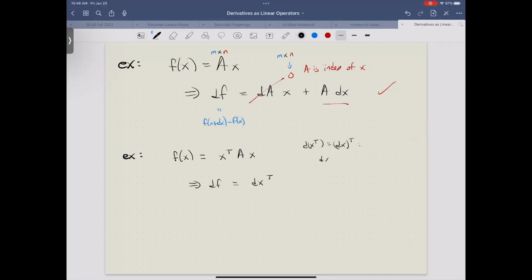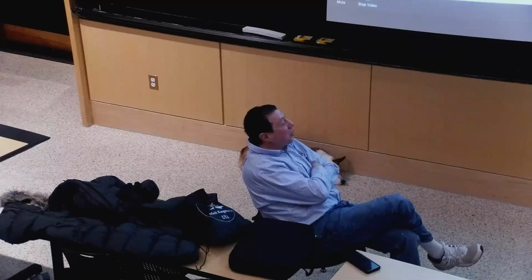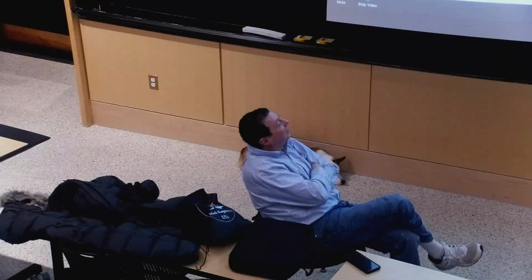Because dx transpose is really (x plus dx) transpose minus x transpose, but that's equal to x transpose plus dx transpose minus x transpose. So that's dx transpose, right?